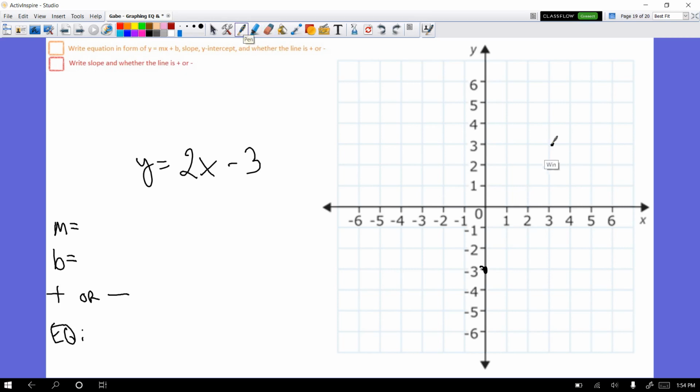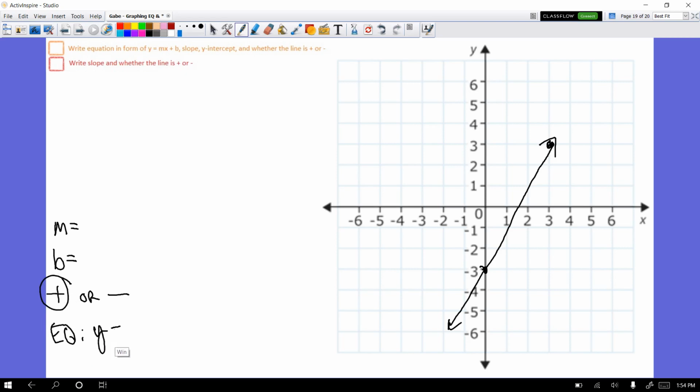So you're going to be given a line that looks something like this. Okay. You're going to be given 2 spots. And what you're going to write down is what I'm going to be writing down over on the left side. M, B, positive or negative, equation. Okay, just like we did going through all those examples. So I can automatically see that this is a positive line.